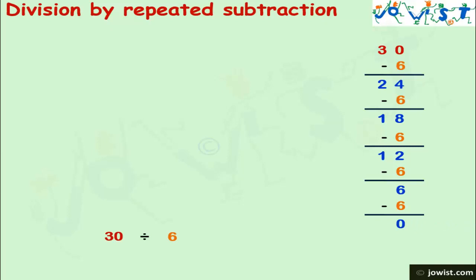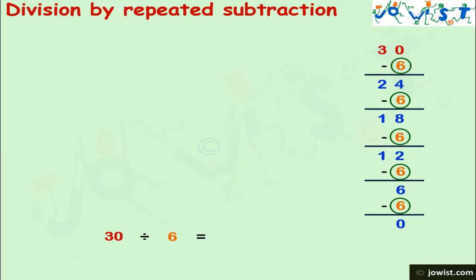How many times have we subtracted 6 from 30? Let's count. 1, 2, 3, 4 and 5. We have subtracted 6 five times from 30.